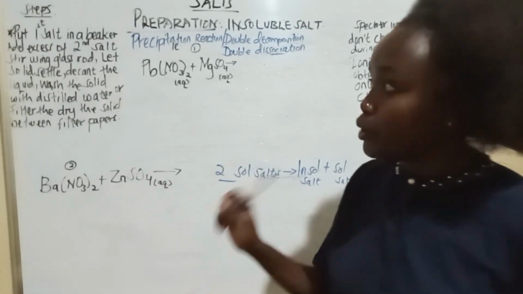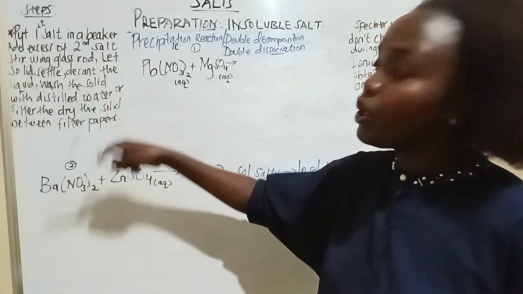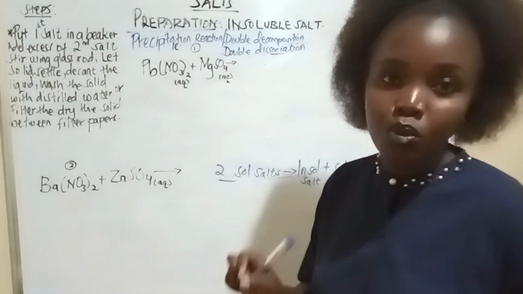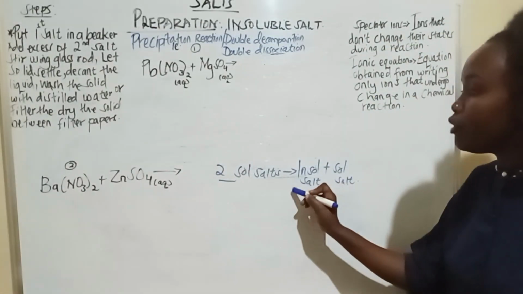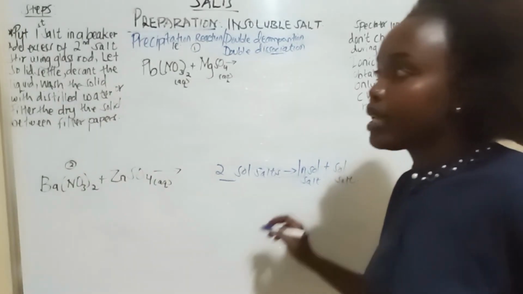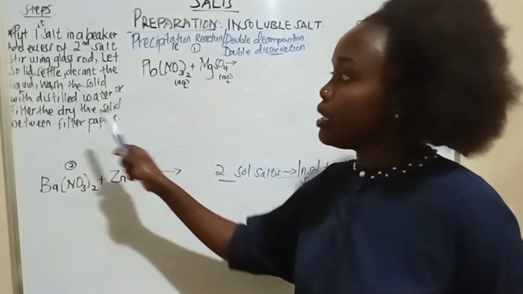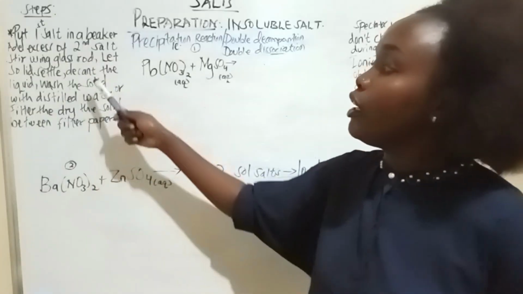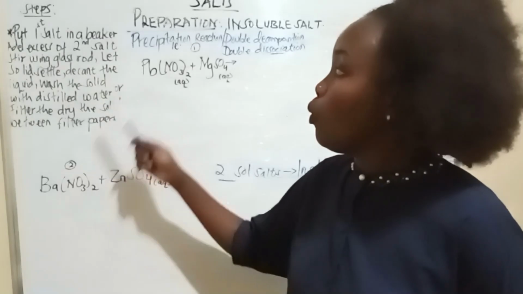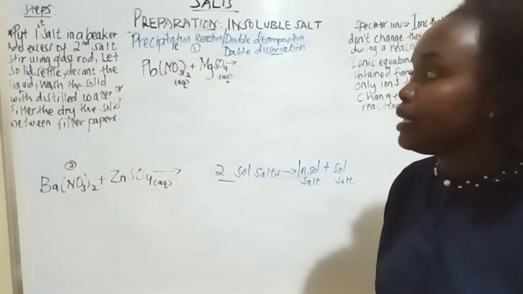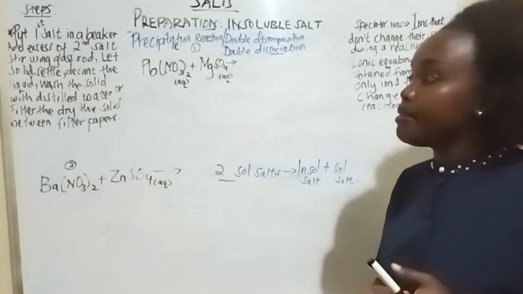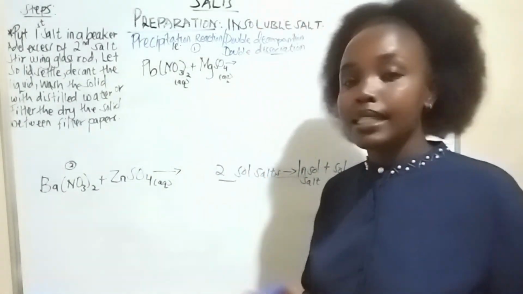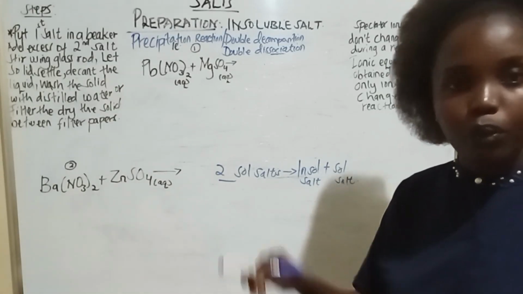After you do that, you are going to see the formation of solids or precipitates, indicating that you have formed your insoluble salt. After you have seen that solids have been formed at the base of your beaker, you decant the liquid, wash the solid with distilled water, and then you dry the solid between filter papers, and that is how you form your insoluble salt.